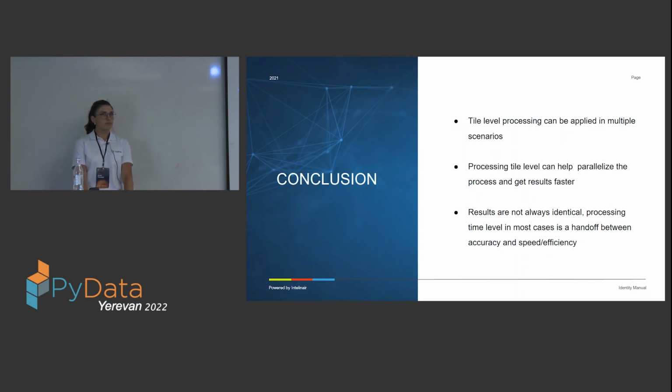The way you could choose whether you want to adopt this approach or not is how much you care about the accuracy of your results and how much you care about spending extra money or extra time on your processing. In our case, we have our entire processing on AWS machines, so we spend money for every additional minute of processing.